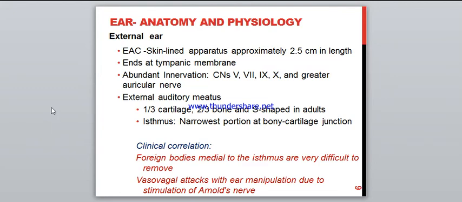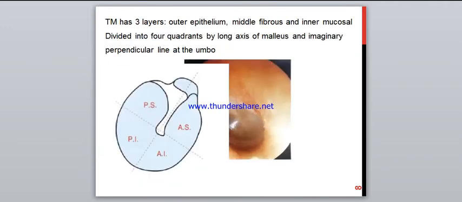There are different clinical correlations, so we will discuss them in detail in the classroom.